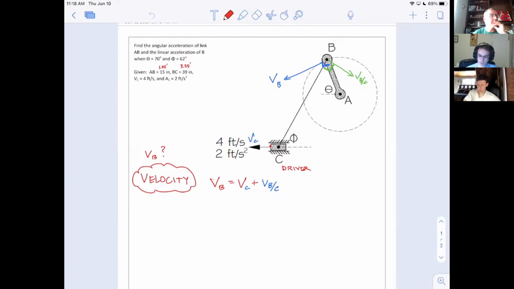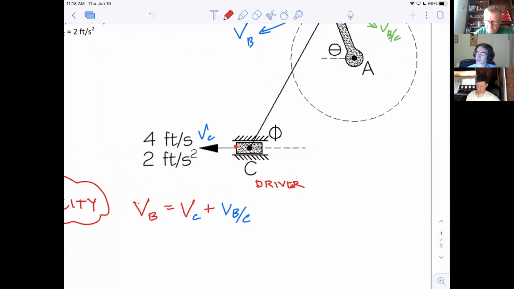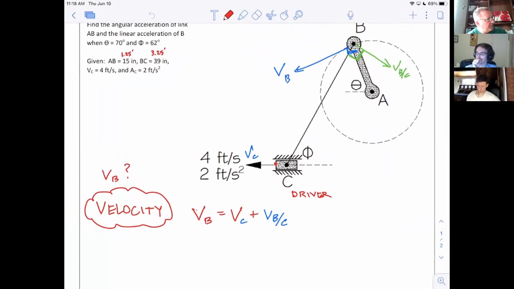There it is. You got 28 degrees for velocity BC. Did someone get that? Let me see if I already have this worked out. Let's see, 62 plus 70. Did I already do this?